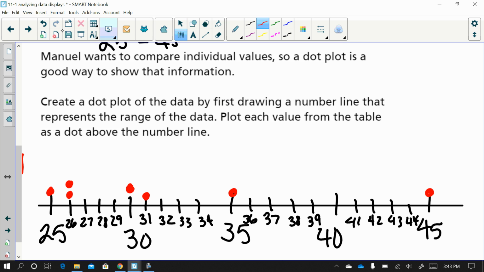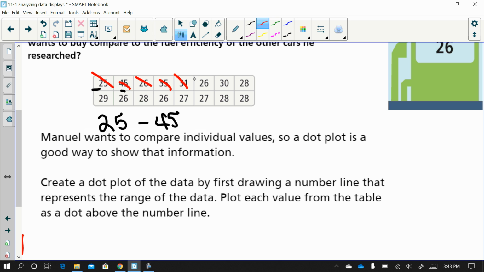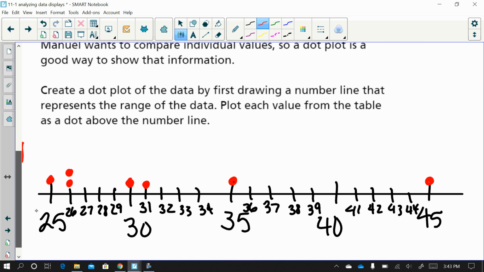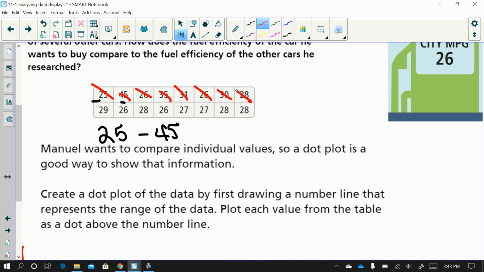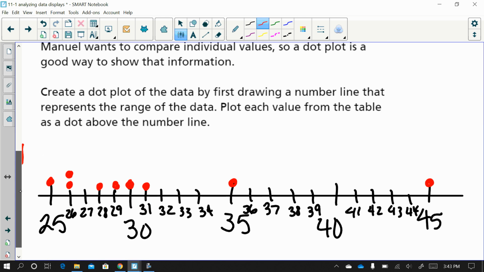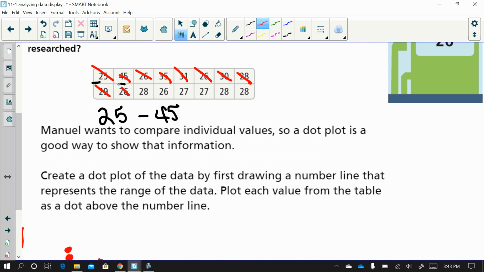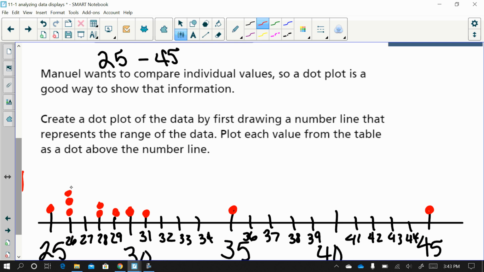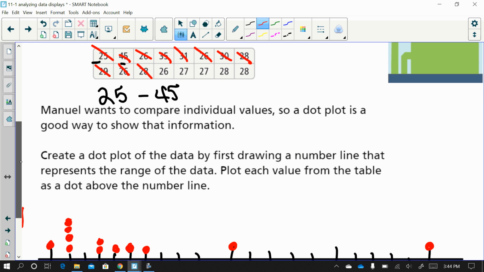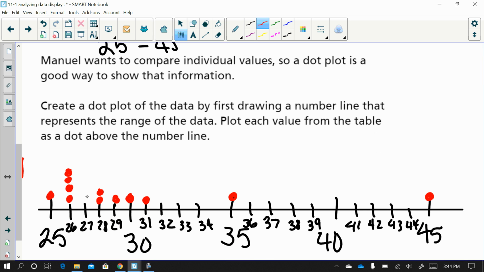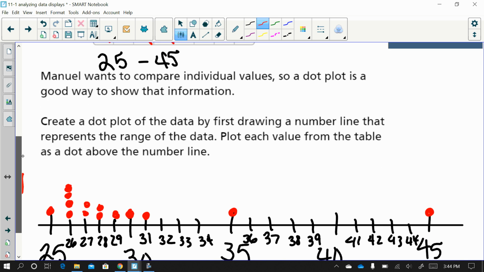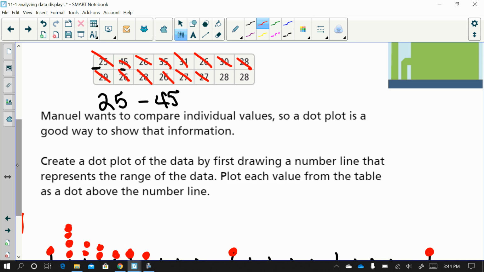Oh, I don't like where I put that one. 28. And I saw 29. 26, 28. 26, 28. 26. Okay, two 27s. And two more 28s.